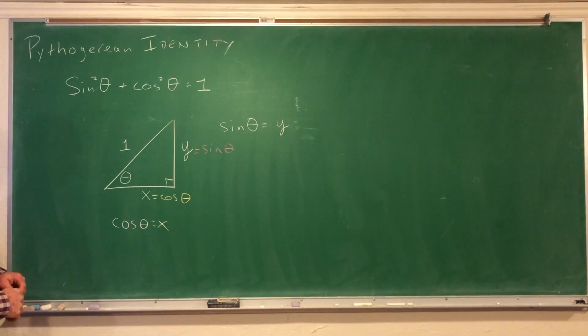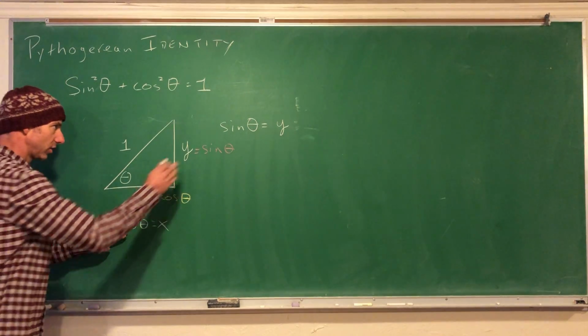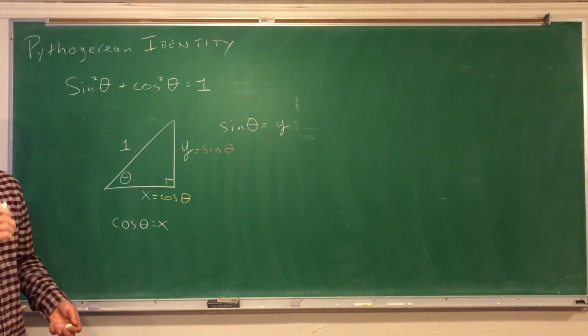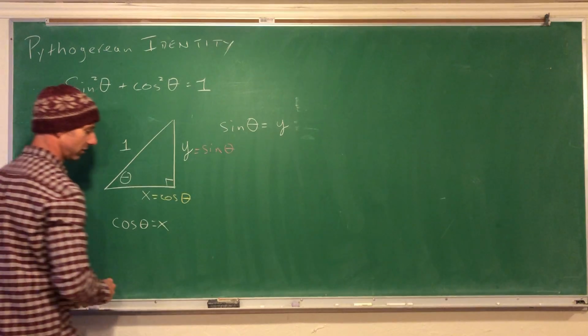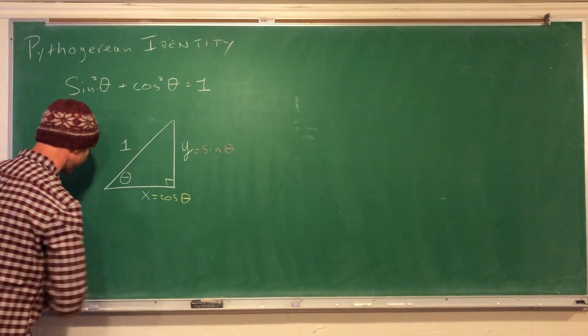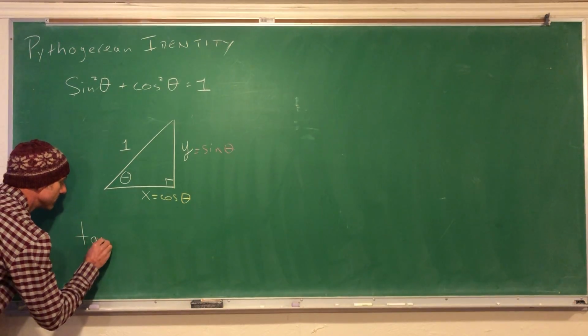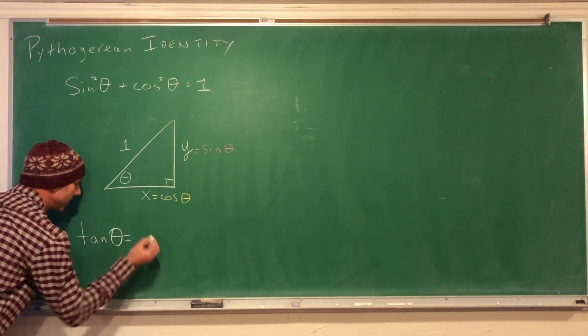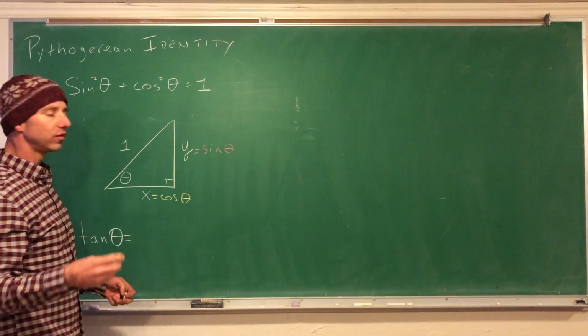Now we've done the two, sine and cosine. Now we're going to look at tangent. Okay. Tangent theta is opposite over adjacent.